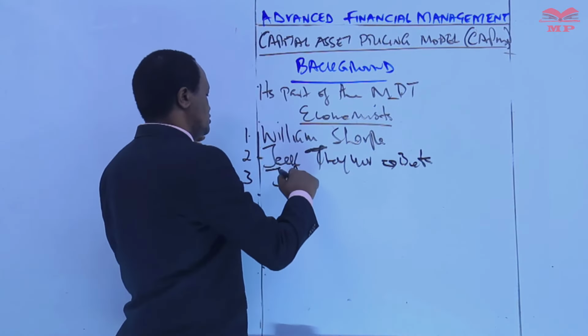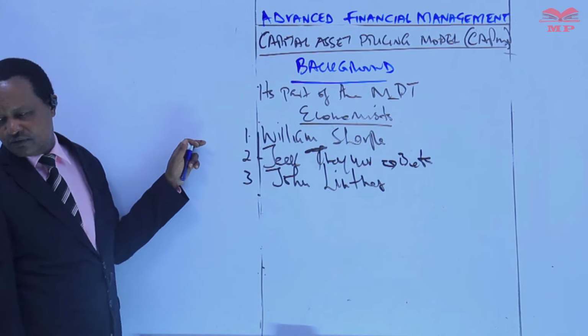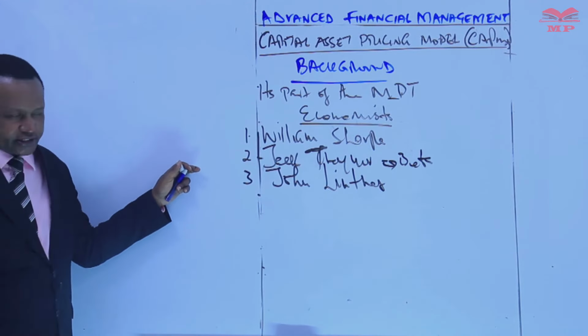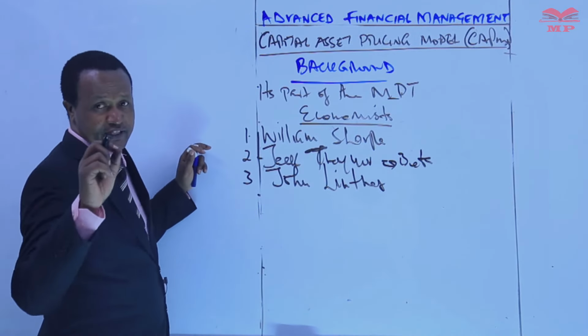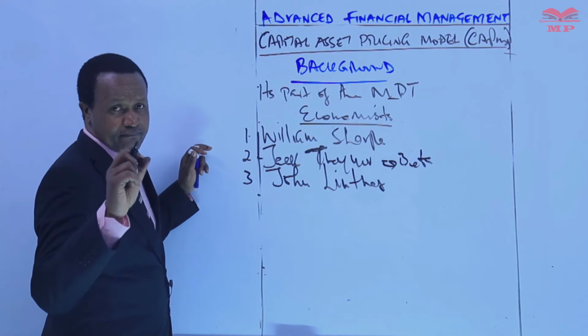Particularly in 1965. Is it 1965? Yes, in 1965, he developed a paper known as the Evaluation of Risk Assets and the Selection of Risk Investments in Stock Portfolios and Capital Budgets.